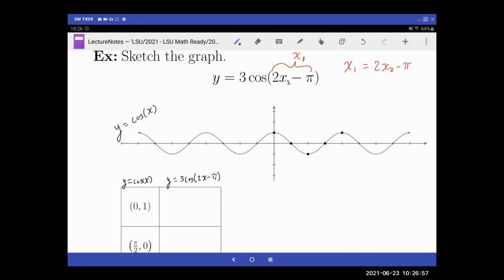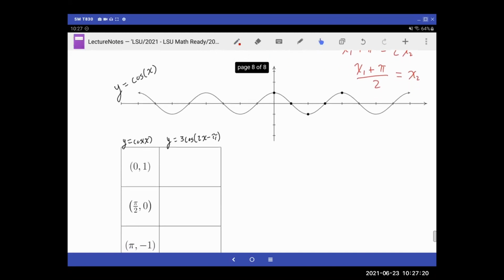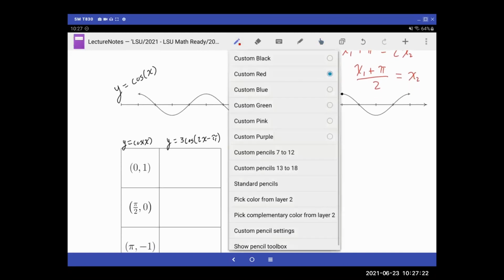So to get x2 by itself, I would add pi to both sides. And then I'd divide both sides by 2. That's a formula to let me transform all my x values on my old function to the new x values.